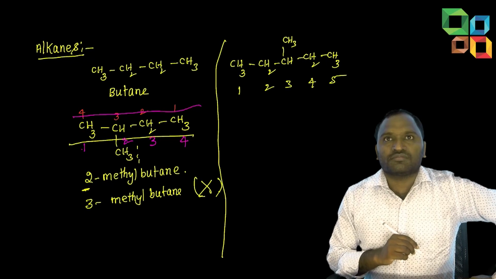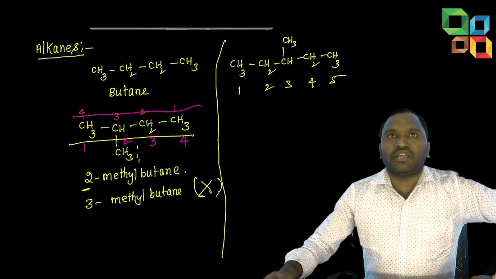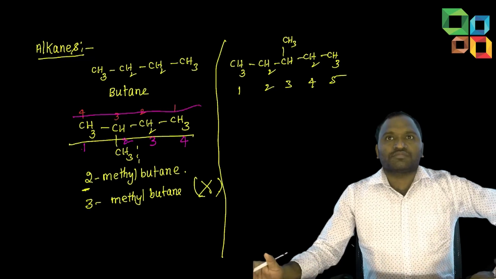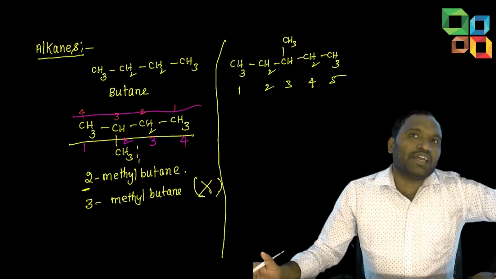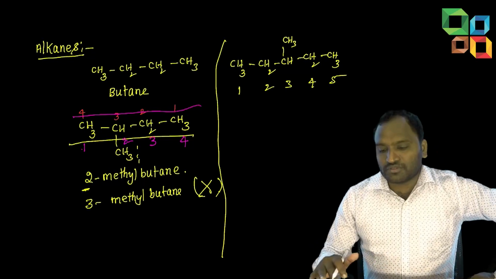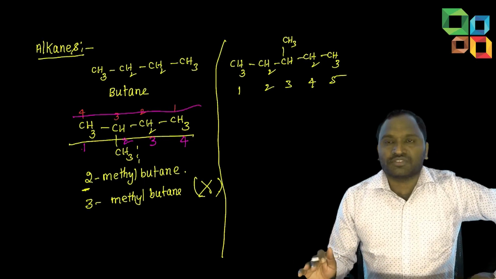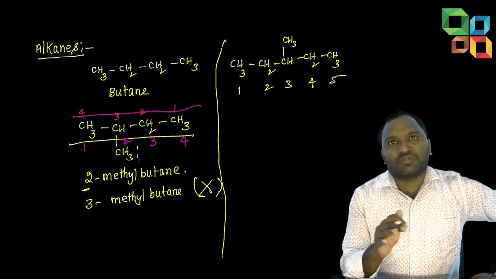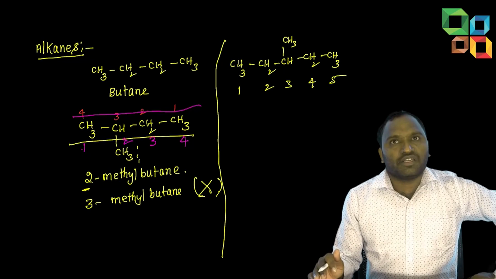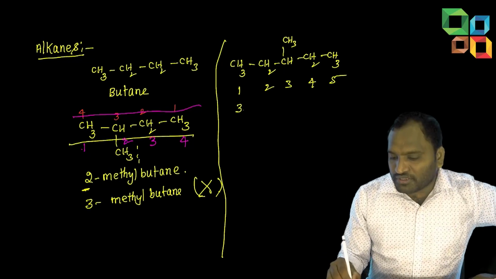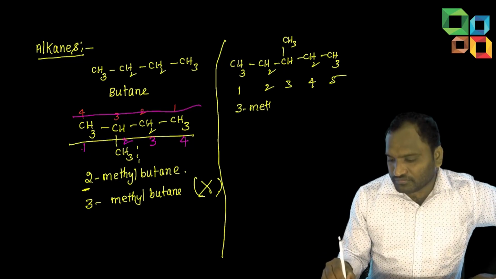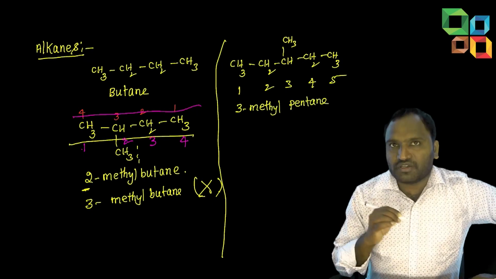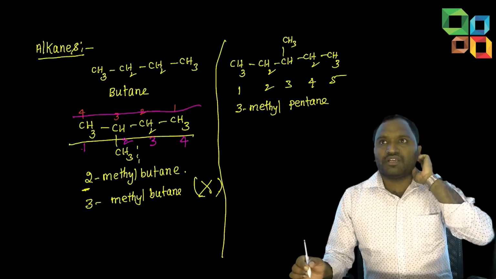Pentane. 3-methylpentane. Very good. No problem. Number of carbon atoms we got confused. Any side you give numbering, substituent will get same number. In that case, you can give numbering from any direction. So 3-methylpentane.